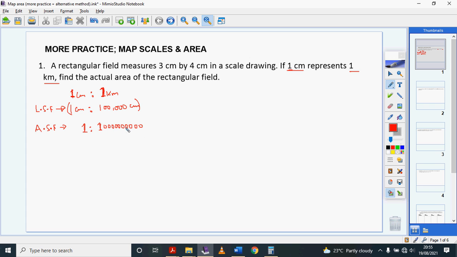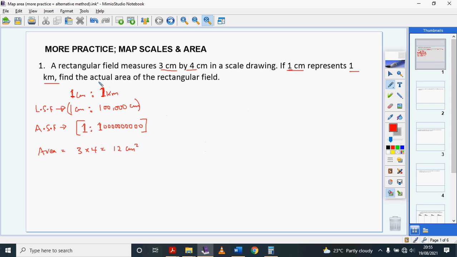So after having this area scale factor, which would now be in centimeters squared, I would find the area of the field. The area of the field is, according to this question, 3 times 4, which is 12 centimeters squared. So then I'll go back to my scale and try to use it to solve this problem.